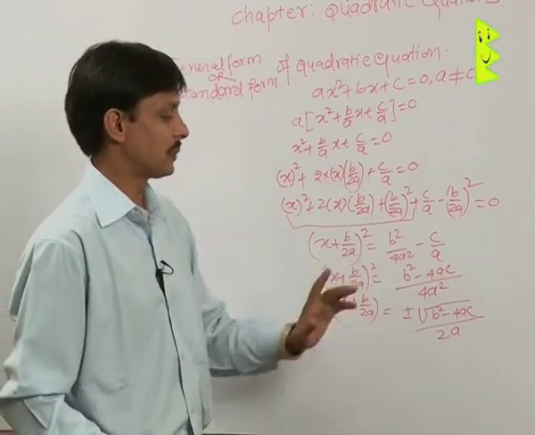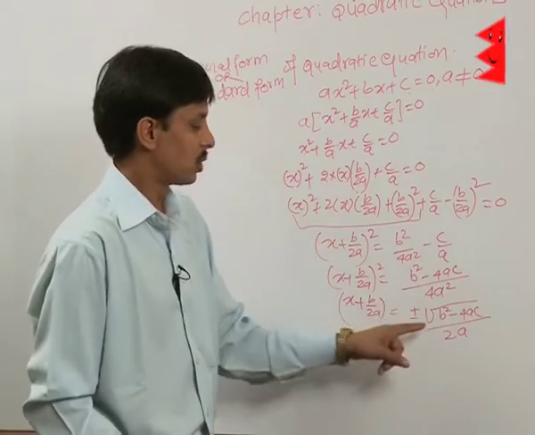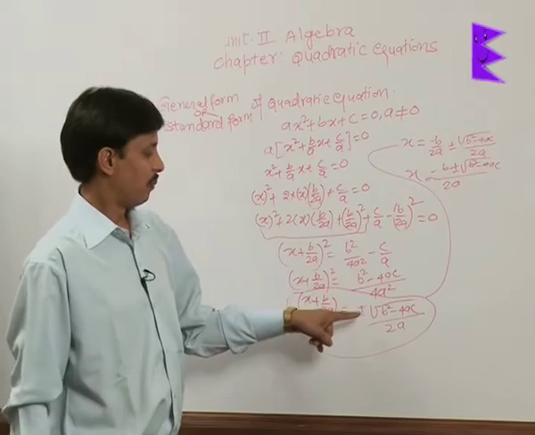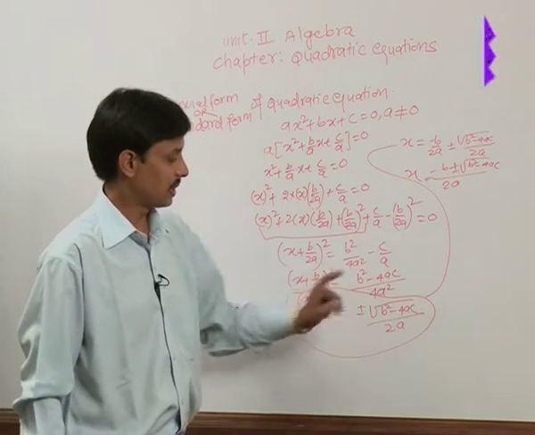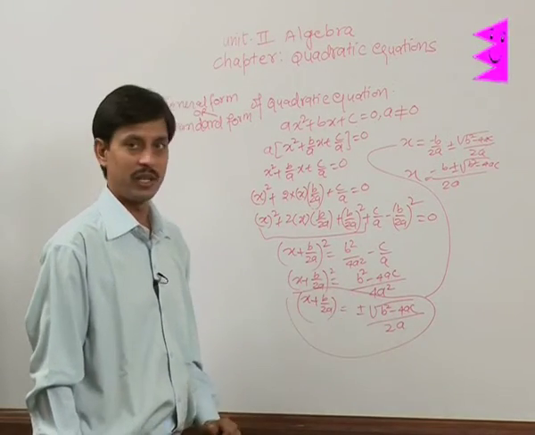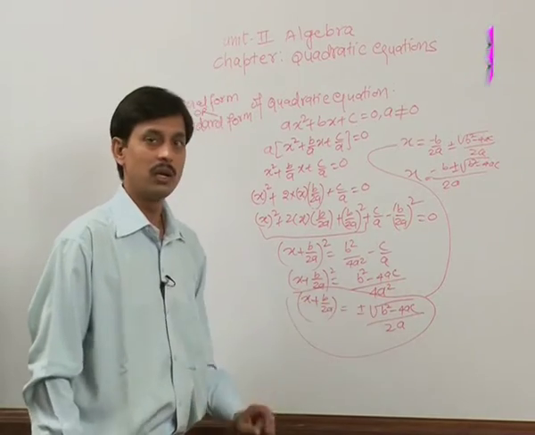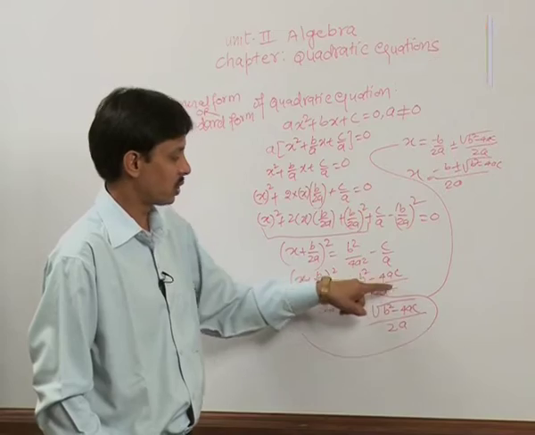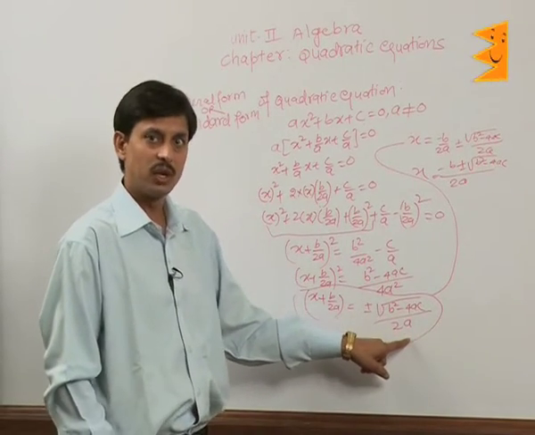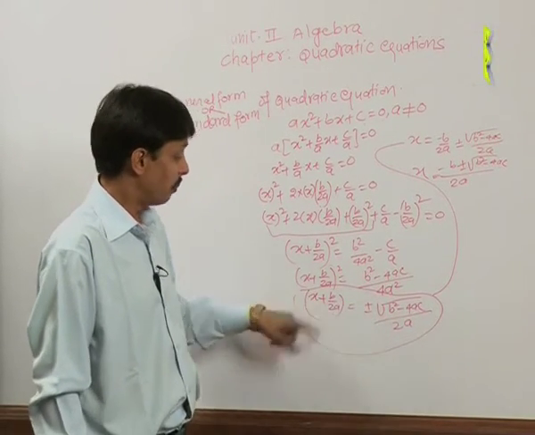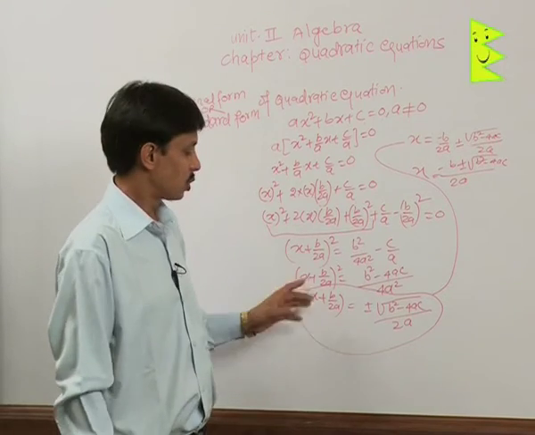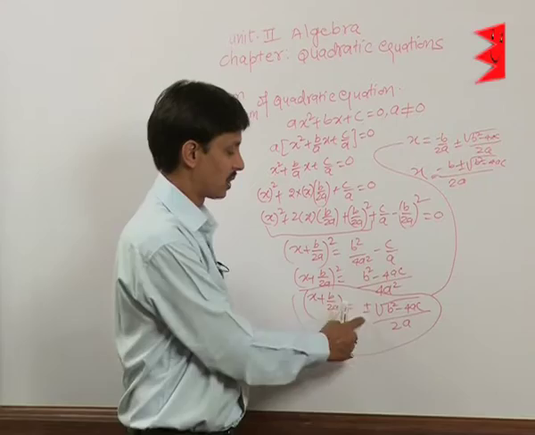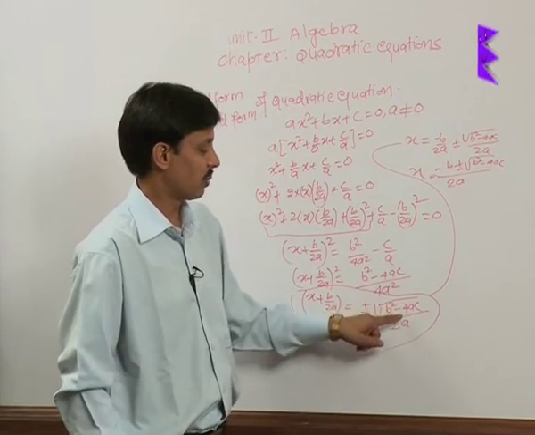I have taken plus minus because b square minus 4ac is not a perfect square, so I have put a square root sign. 4a square is a perfect square, so the square root of 4a square is taken as 2a. So x plus b upon 2a equals plus minus root of b square minus 4ac upon 2a.